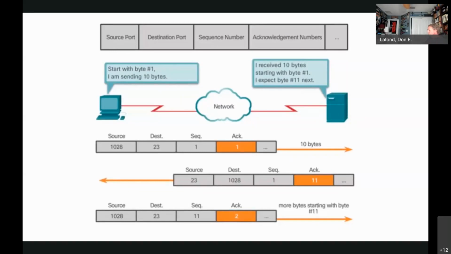Acknowledgments come into play by helping the sender know that the data that's being sent is actually being received. The way this works is the sending host sends TCP segments in bytes, and the receiving host acknowledges bytes received by sending acknowledgments.